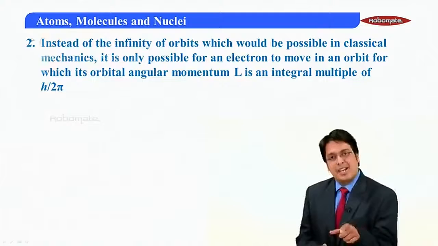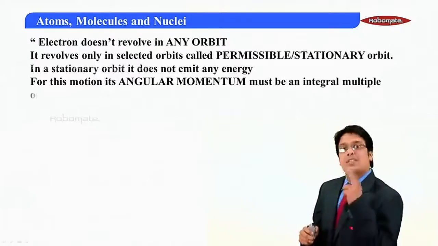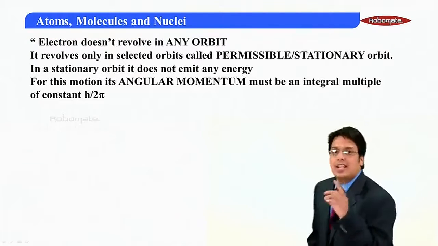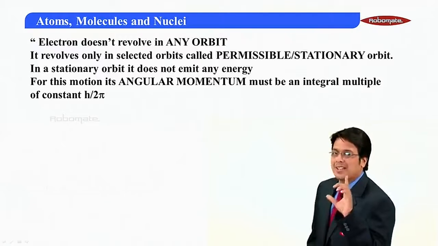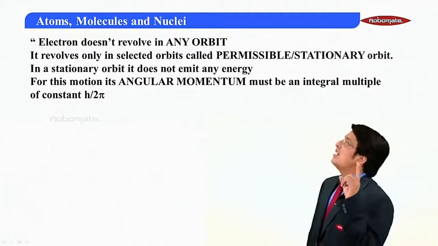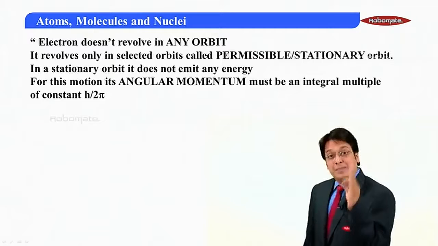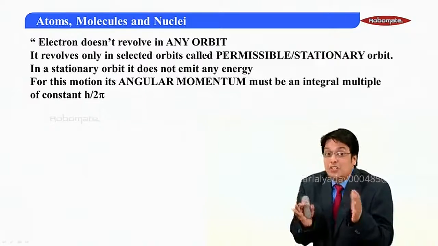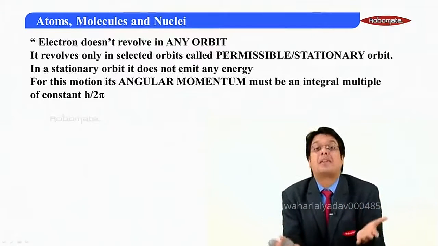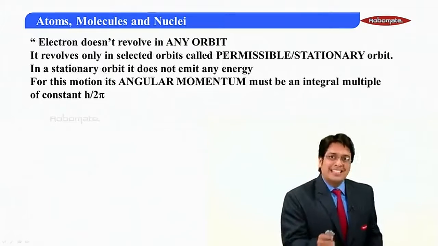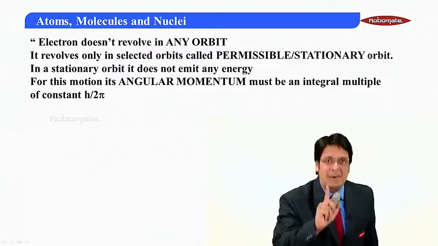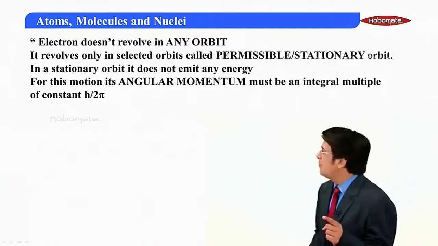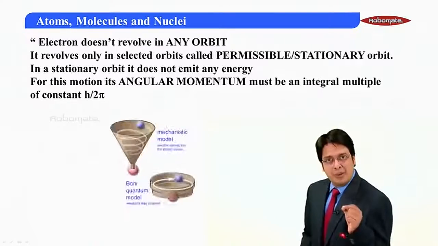Now that's where Bohr gave the second postulate. He said that the electron does not revolve in any orbit. It revolves in selected orbits called permissible or stationary orbits without radiating energy. So if there is no energy radiated, you won't get any spectrum. But for this, the angular momentum, that is your passport, must be an integral multiple of the constant h by 2 pi.